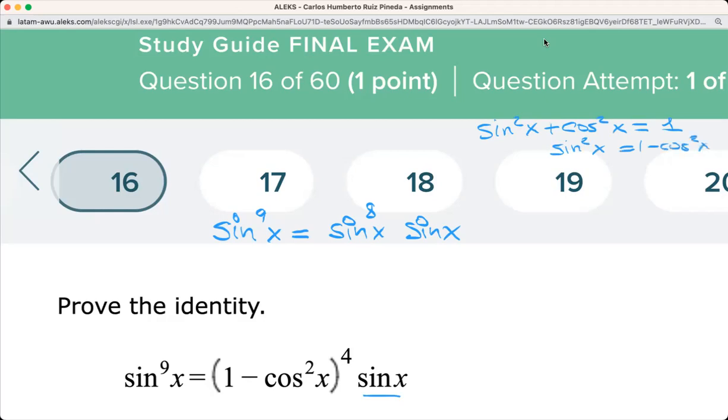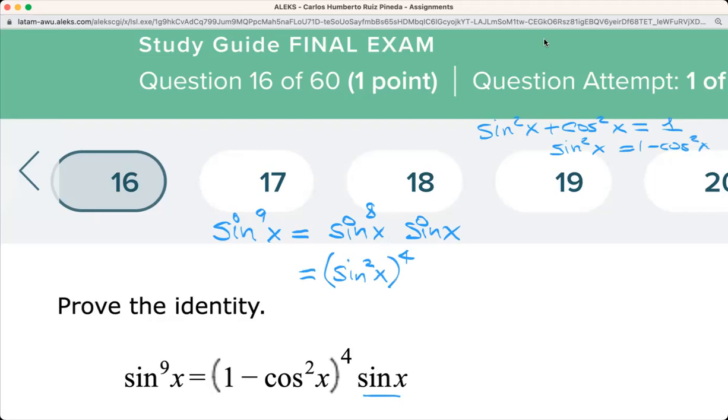Then you say, okay, so I'm going to split the sine to the power of 8 of x into 1 minus cosine square of x and then raise to the power of 4. Why? Because remember, when we take the power of a power, 2 times 4, this gives you 8.